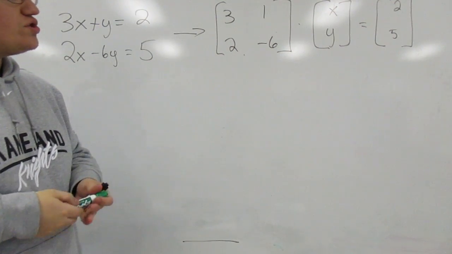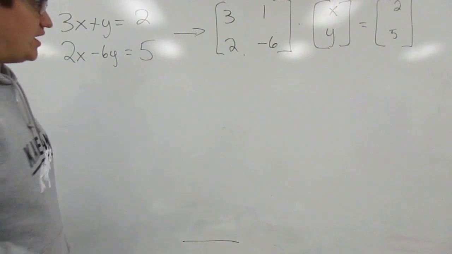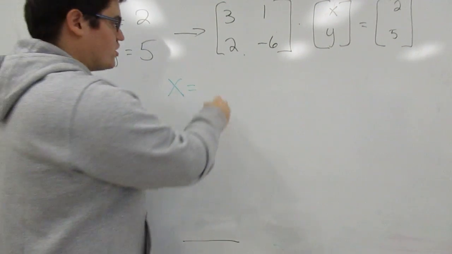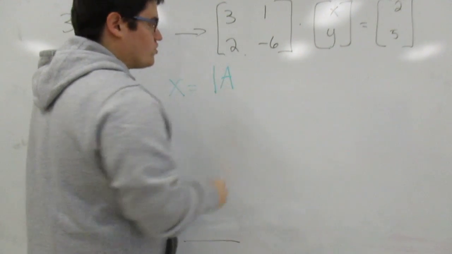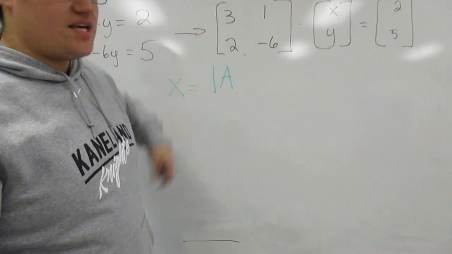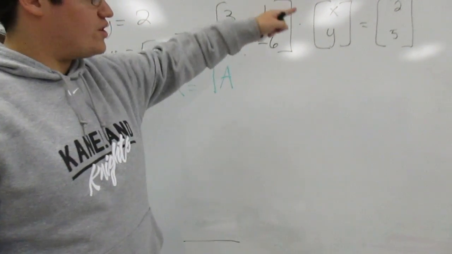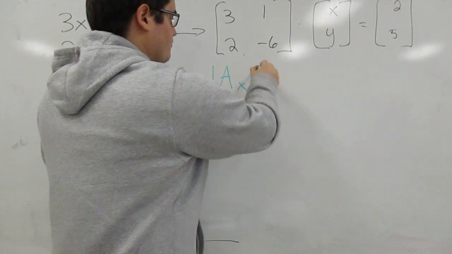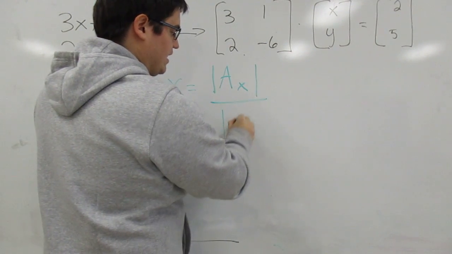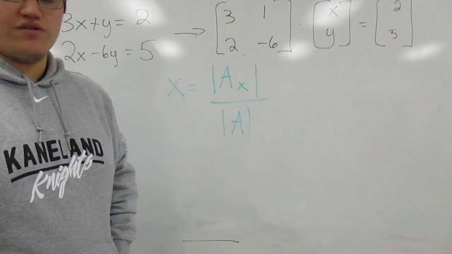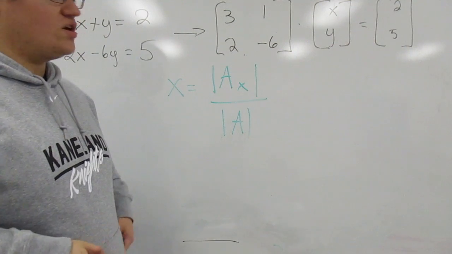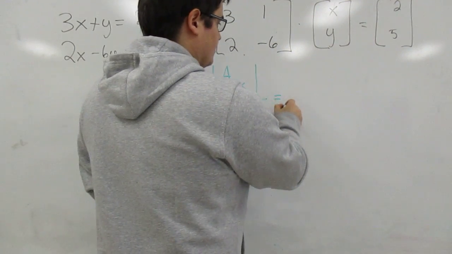Now, using Cramer's rule tells us, well, x is going to be equal to the determinant of our matrix, but we're going to replace the x column with the answers. Okay, so we'll denote that a sub x, and then we just divide that by the determinant of a regular matrix. Okay, so doing that, I'm going to take the determinant.